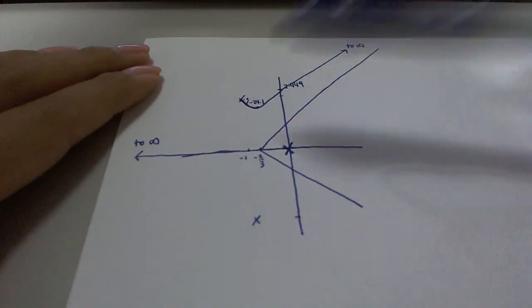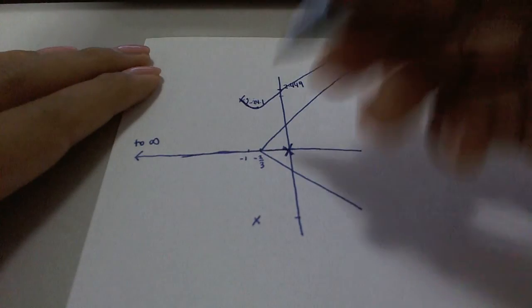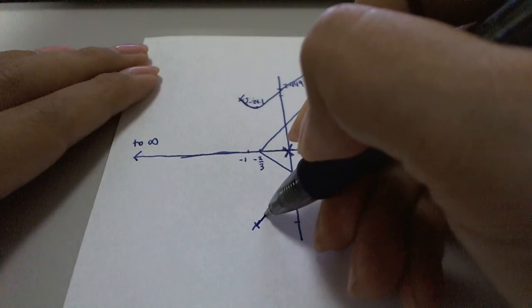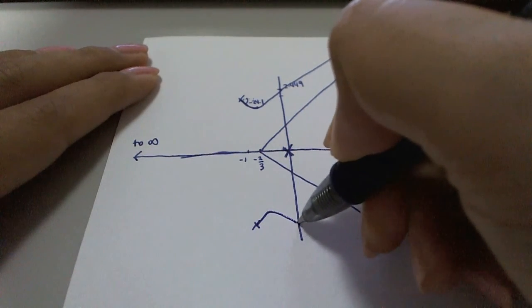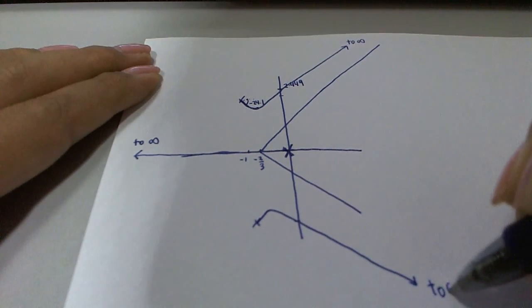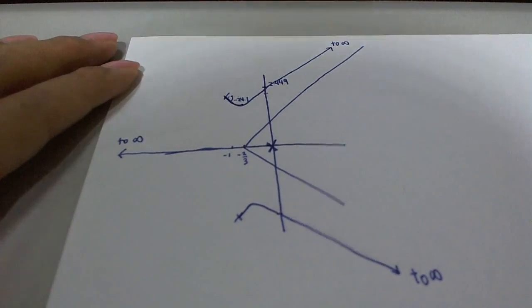And lastly, just do a mirror image about the real axis, and what we have is go up and cross this point and go to infinity. So this is the root locus that we have for the second problem.